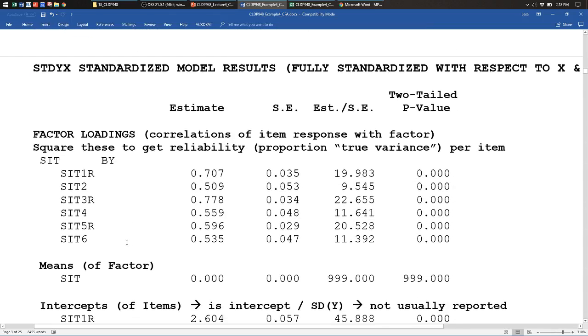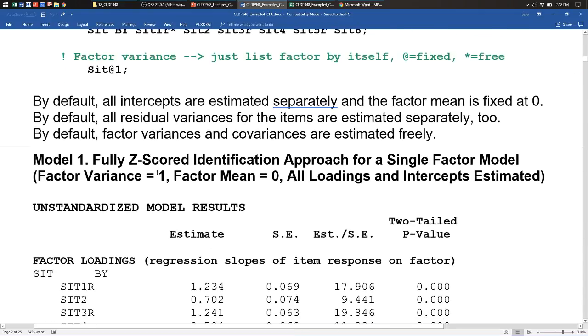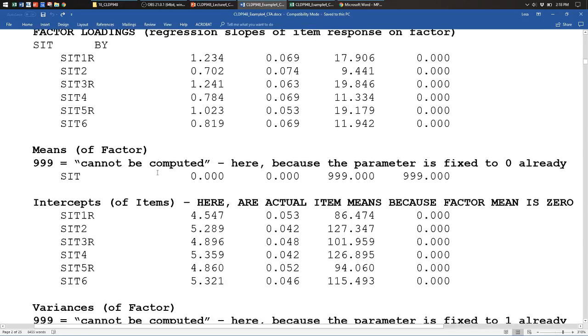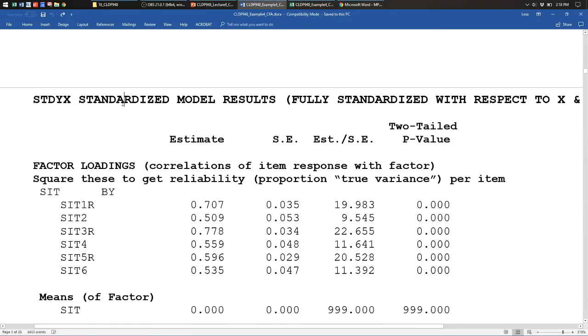The standardized solution is impervious to methods of identification. It will always be the same. This page will always be the same no matter how you've identified your model. It's impervious to differences in scale.